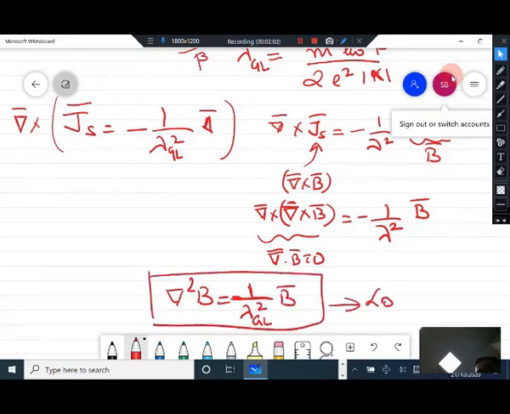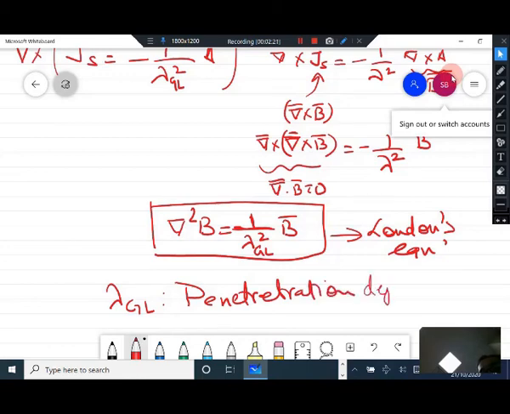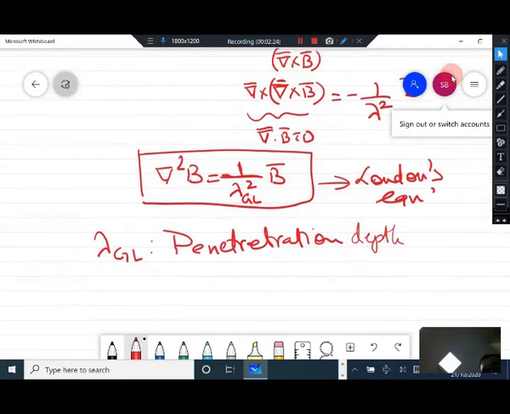This is basically your London's equation, where lambda GL is nothing else but the penetration depth.